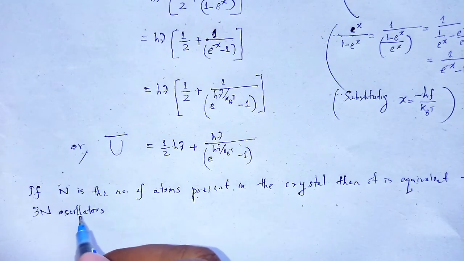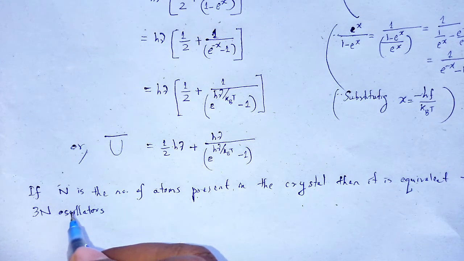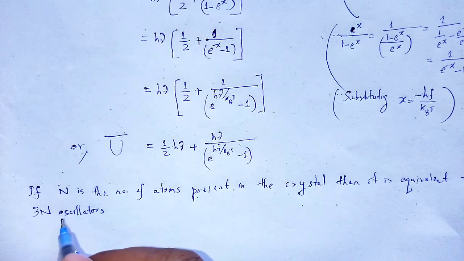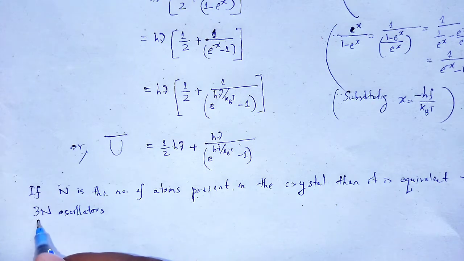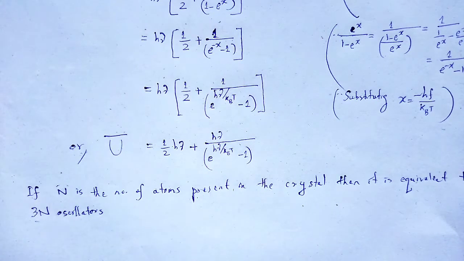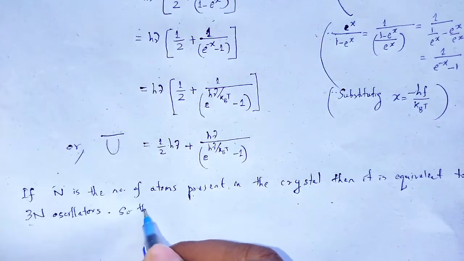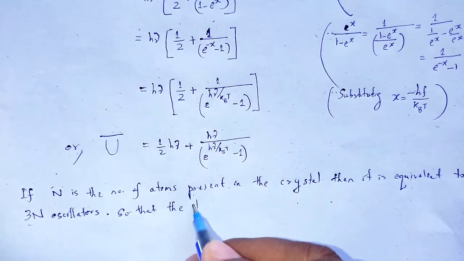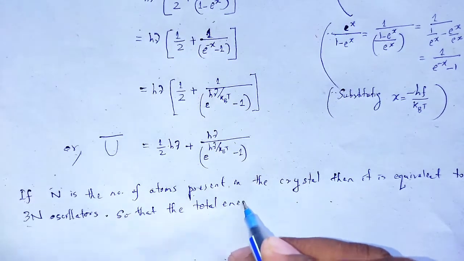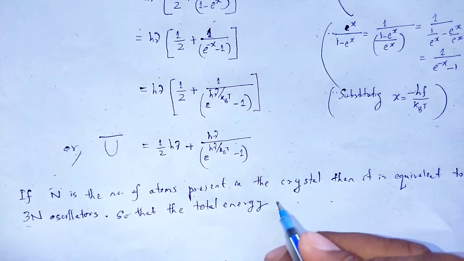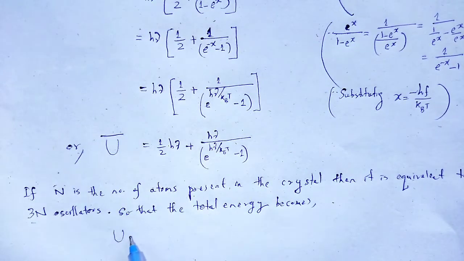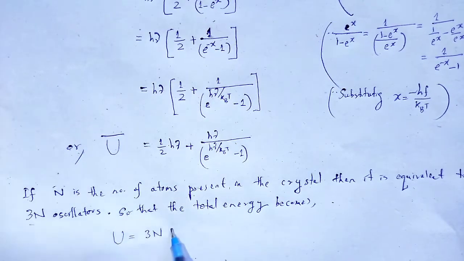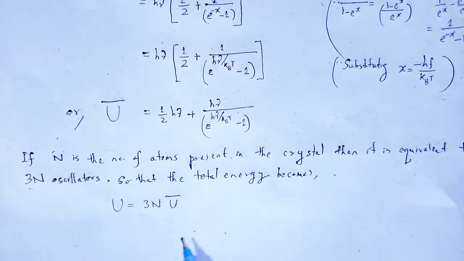Each one is perpendicular, mutually perpendicular, to 3 Planck's oscillators, therefore that is equal to 3n oscillators. So the total energy U is equal to 3n into the average energy U bar.